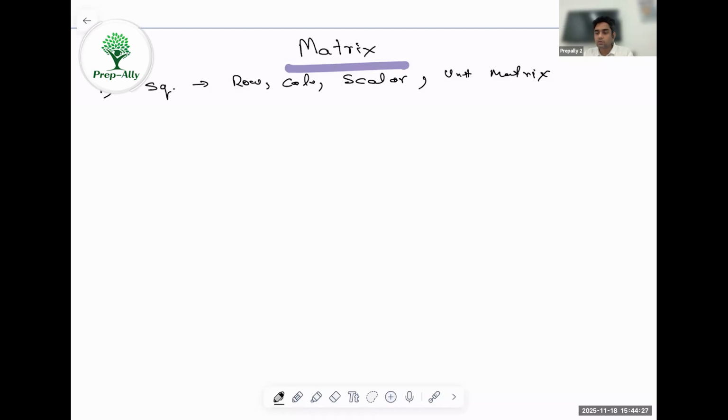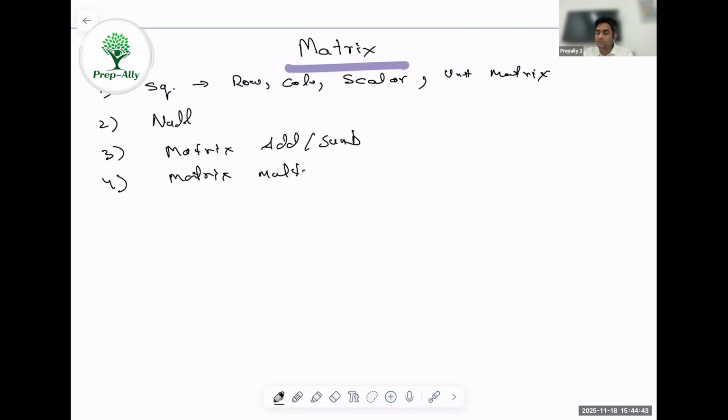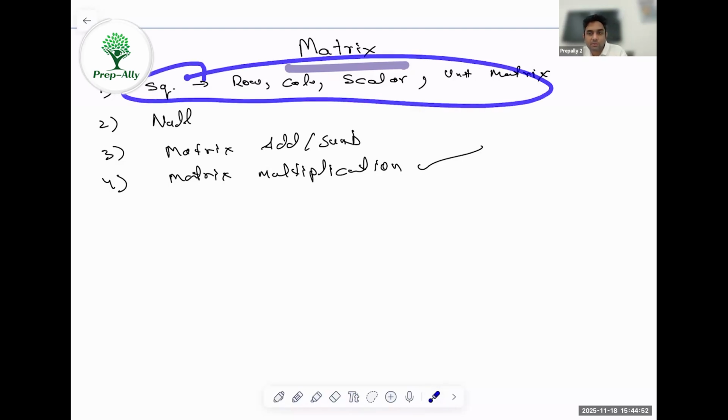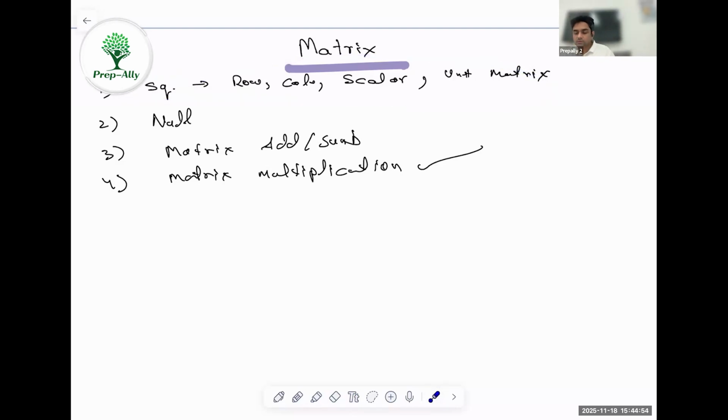Apart from that, you should also understand what a null matrix is, and generally matrix addition, subtraction, which is kind of the same thing, and finally matrix multiplication. Matrix multiplication is the most important part of the matrix chapter, along with the definitions, because you should be clear on these different types of matrices.